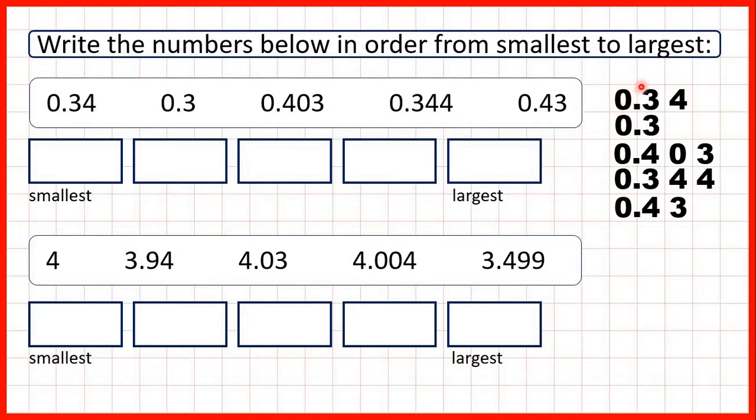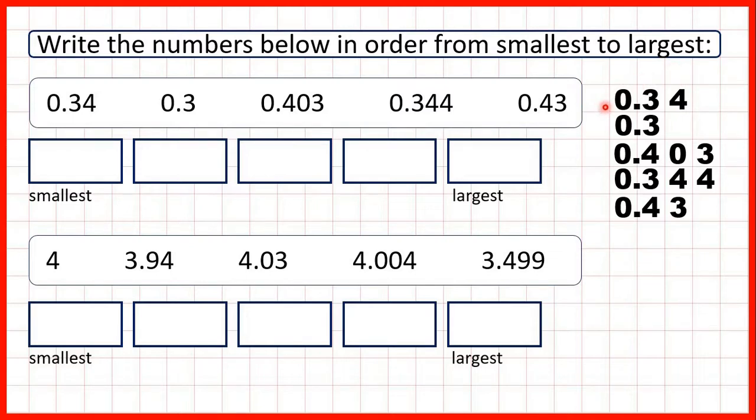So we've written the numbers out one below the other, and we've got the decimal points lined up. And that's important because if our decimal points are lined up, then all the other place values will be lined up as well. So we have a column for our ones, tenths, hundredths, and thousandths.